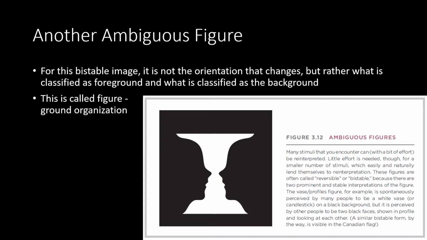And depending on which one you're focusing on, you can change what this image is ultimately showing you. And this is just another example of a bistable image. And specifically here, though, we're focusing on what is defined as background and what is defined as the actual foreground or the object or focus of our visual perception. This is also referred to in this specific case as figure and ground organization.